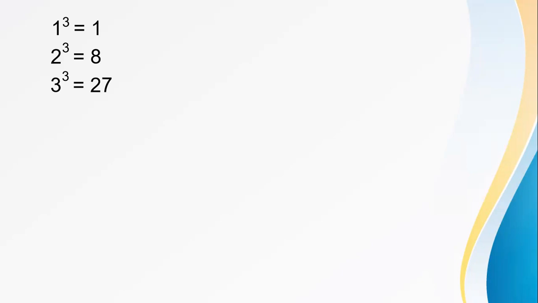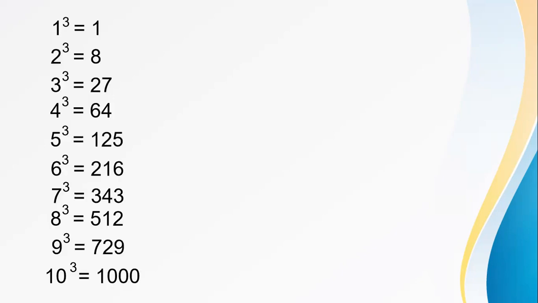The cube root of 27 is 3. 4 cubed is 64. Then 5 cubed is 125. 6 cubed is 216. 7 cubed is 343. 8 cubed is 512. 9 cubed is 729. And 10 cubed is 1000.